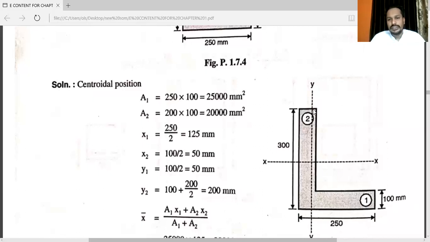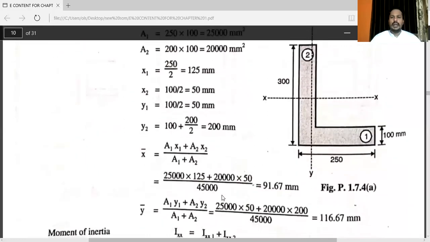And whenever you will consider y distance for rectangle 2, you have to consider that 100 plus this distance is 200, so 200 by 2. So you can see y1 is 100 by 2, that is 50 mm. The y2 is equal to 100 plus 200 by 2, that is 200 mm.